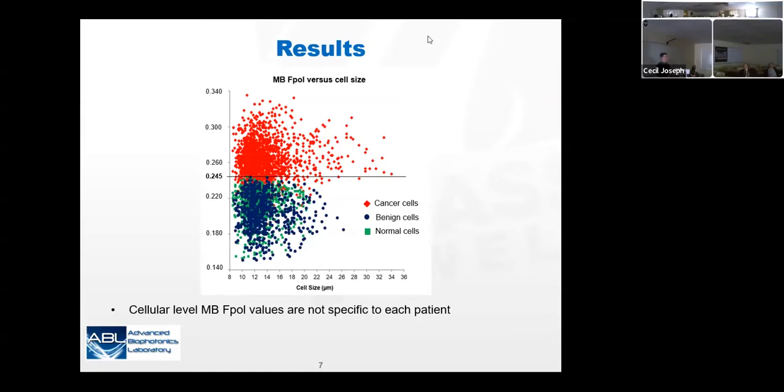The goal is to take maybe 30 or 40 cells, as is done now, and see if some of the cells have higher fluorescence polarization, then confirm by tissue histology that these are indeed malignant, so this could be used in clinic for rapid assessment of FNAs. That's our immediate goal.